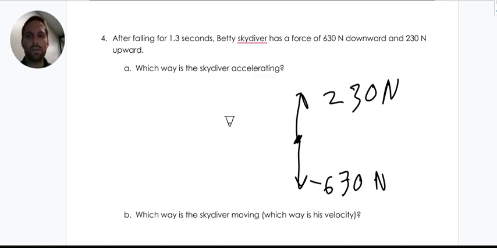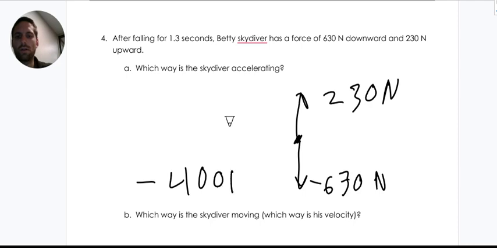So if I add those together, I should get negative 400 newtons. I would assume the skydiver is accelerating downward due to the negative sign on the force.